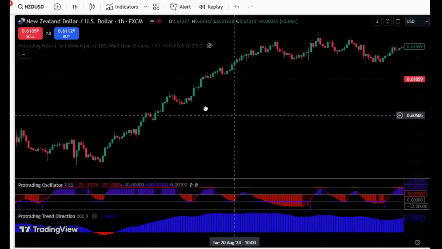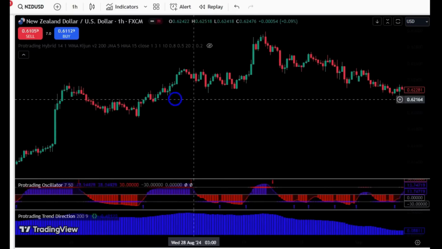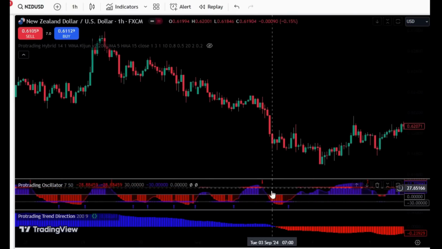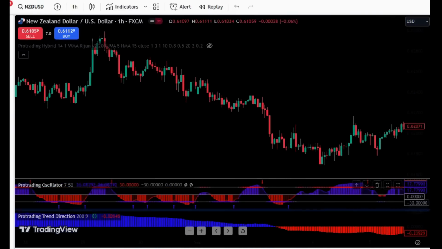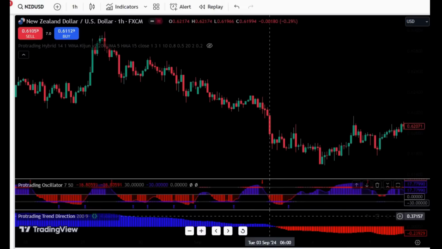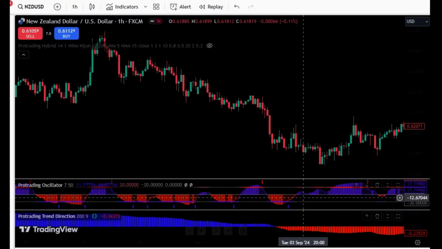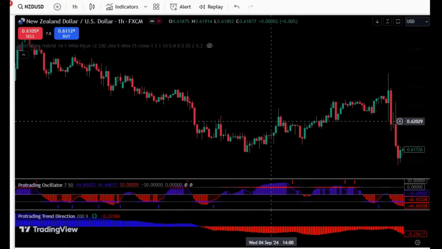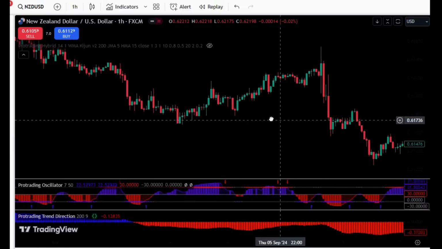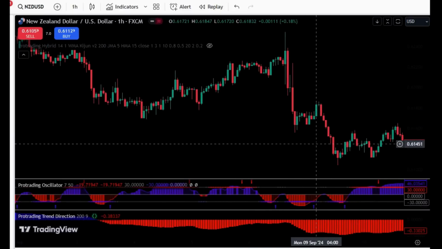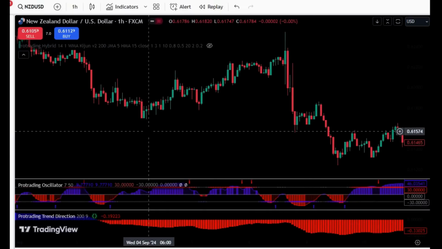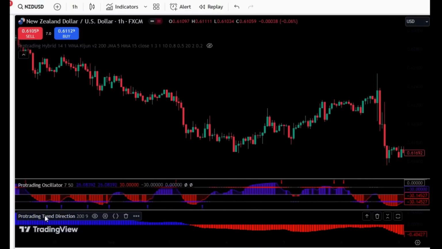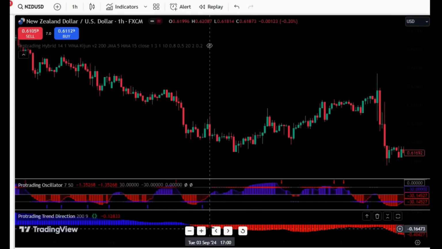When we get a signal that the trend has changed, as you see at this point, from upward to downward, from this moment all we do is concentrate only on the downward direction.